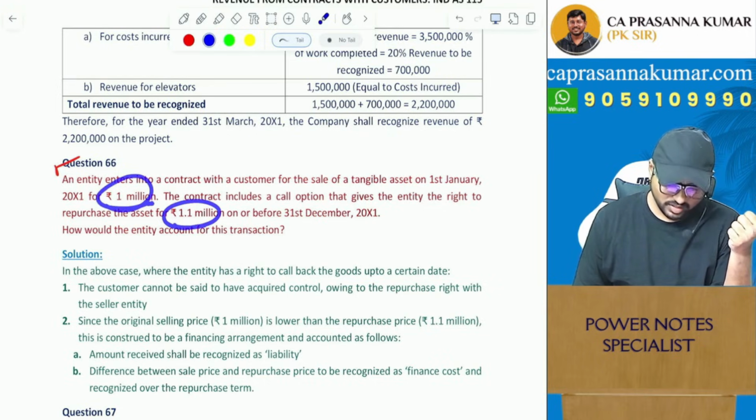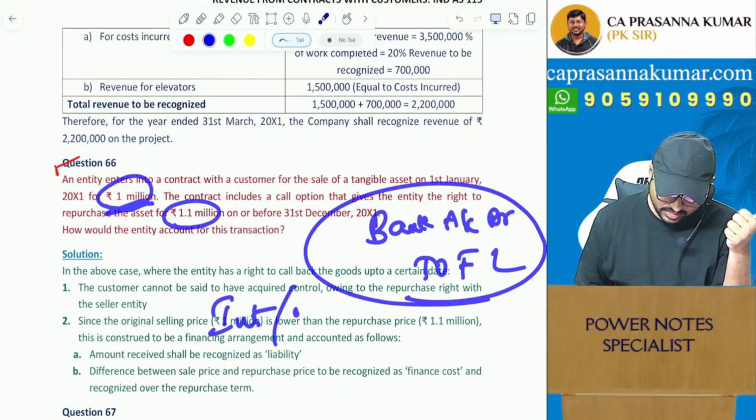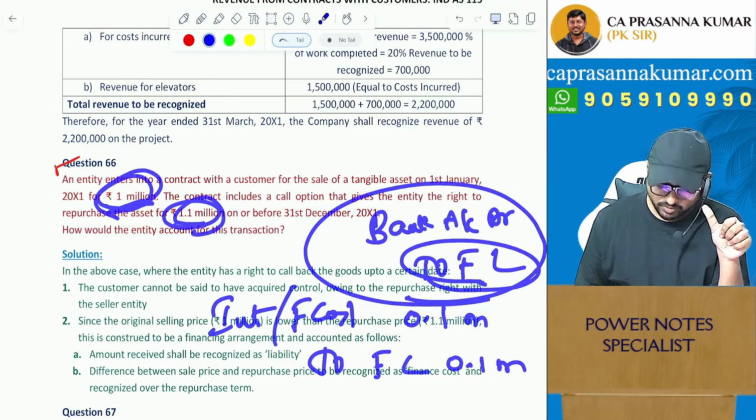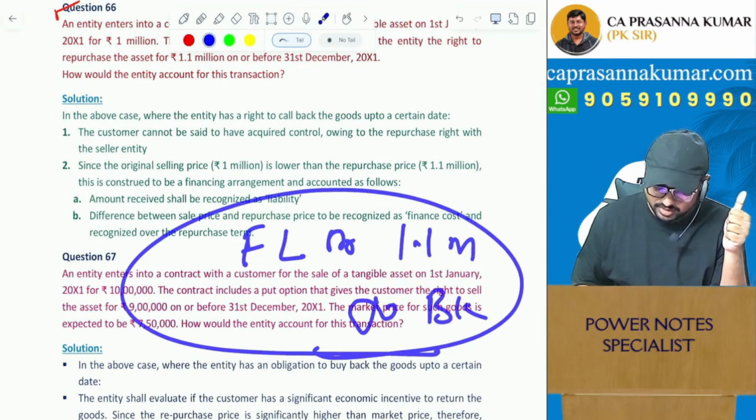So what will be your entry? Initially you'll be selling for 1 million, so bank account debit to financing liability. Very good. Then interest or financing cost to financing liability to the extent of 10 lakhs or 0.1 million, so that your financial liability from 1 million reaches 1.1 million. And then financial liability debit 1.1 million to bank, because you'll be buying back where you'll be paying money.